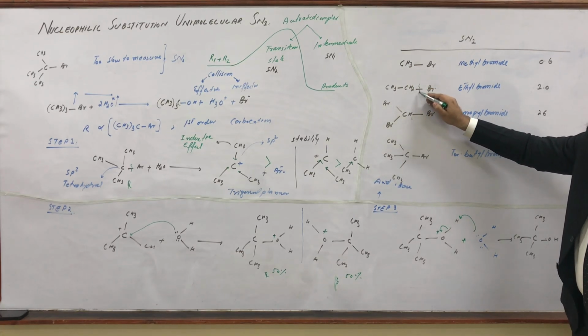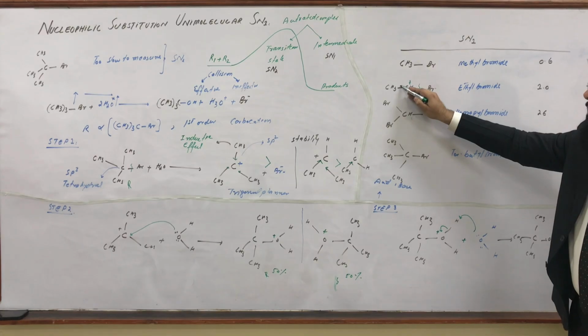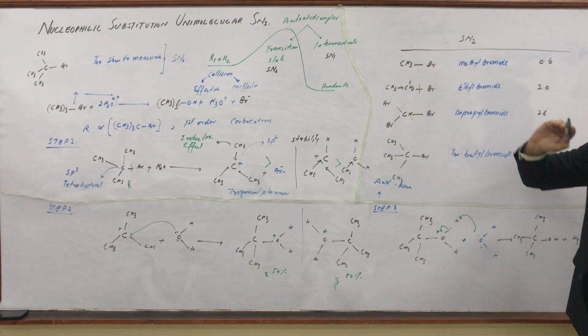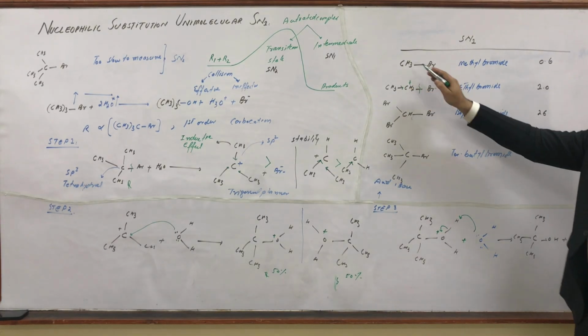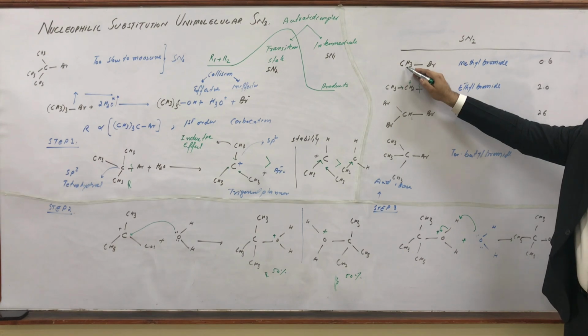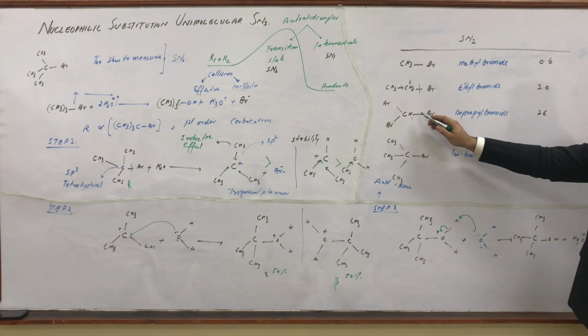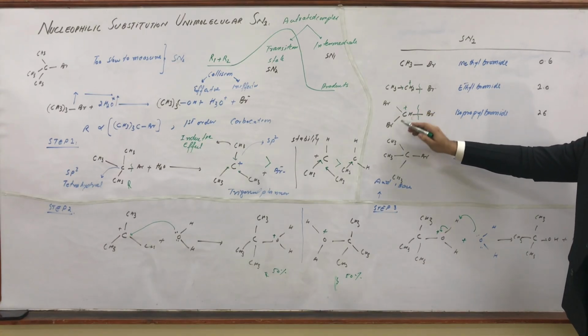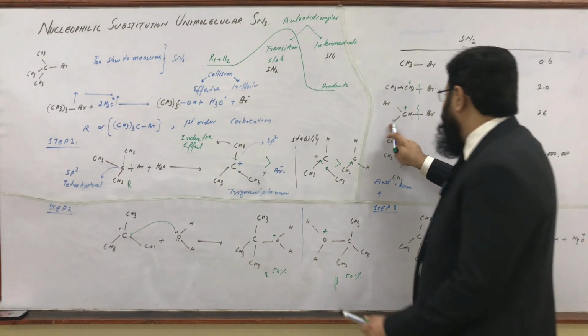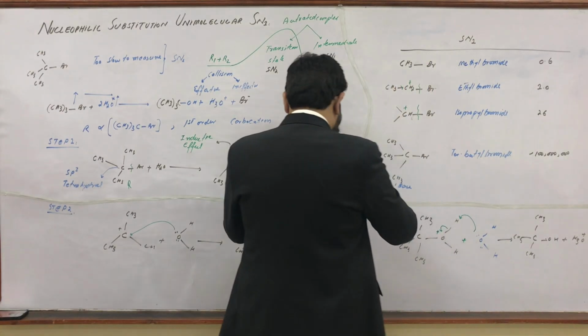So after the development of carbocation, there is one methyl group to donate electron density to this carbon. Here there is no carbon to donate electron density. In case of isopropyl bromide, when this bromide will transform into carbocation, we have to write here methyl groups.